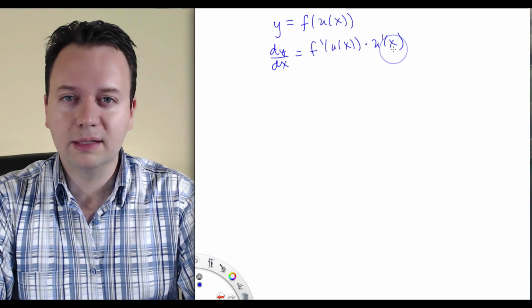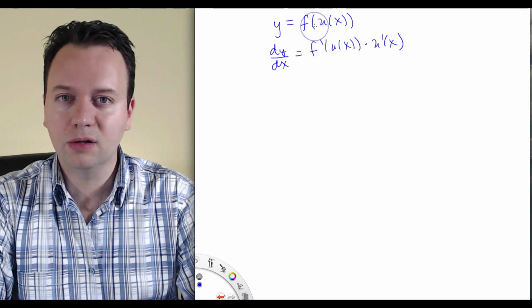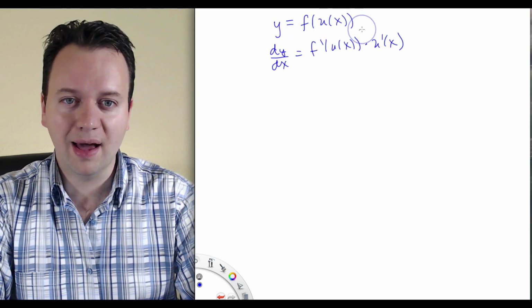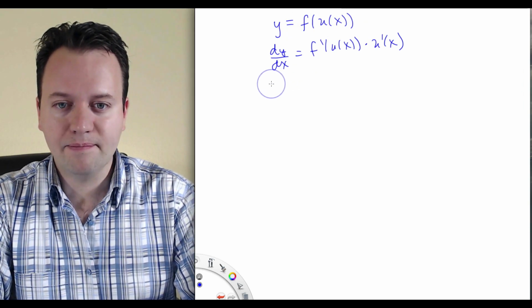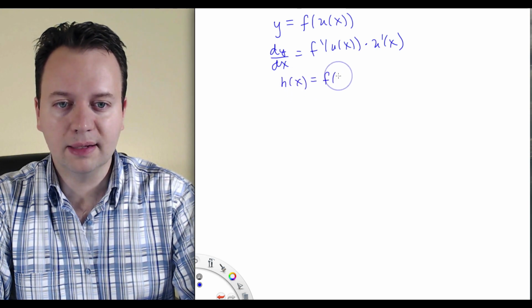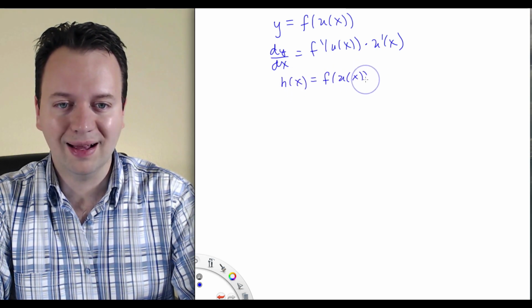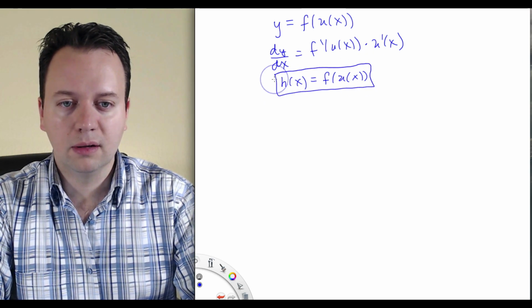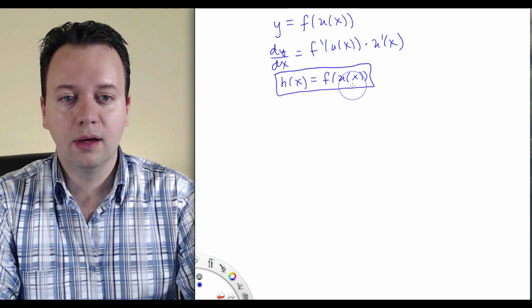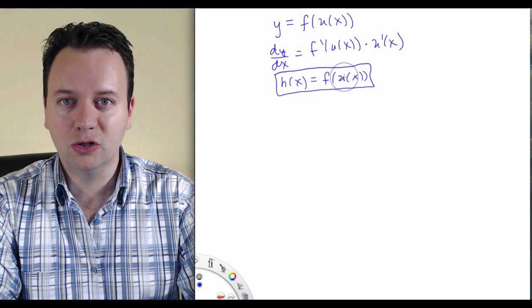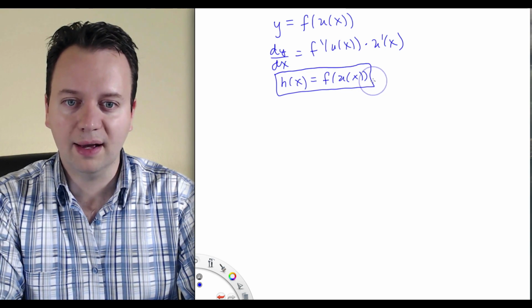To do this, since I just have y, I'm going to define a name for this composite function f of u of x. Let me call that h of x. So we'll say that h of x is f of u of x. Basically f is one function, so we have f of u, u is a function, u of x, and this function h is just the composite f of u of x.